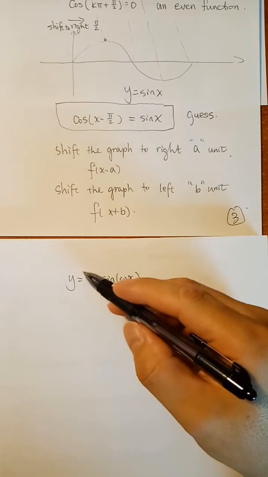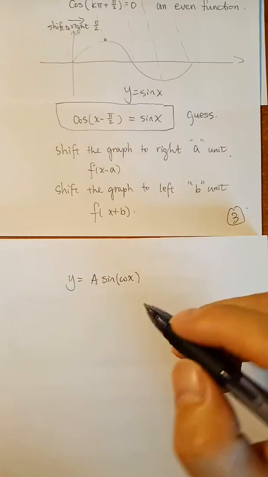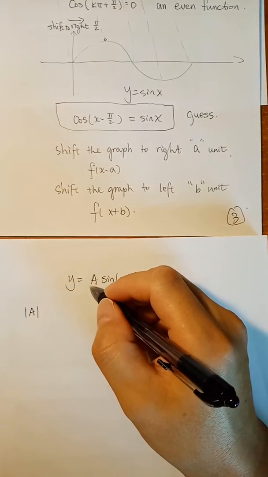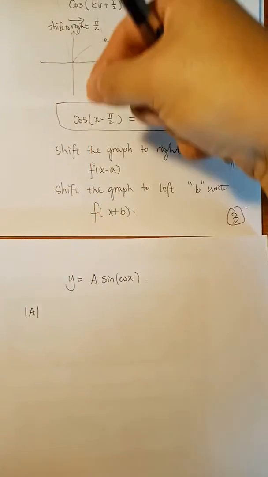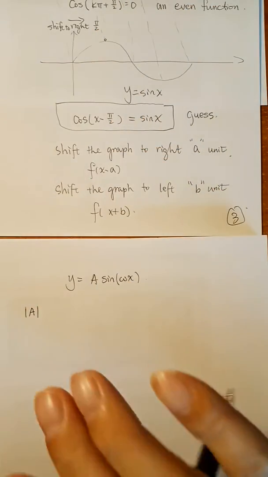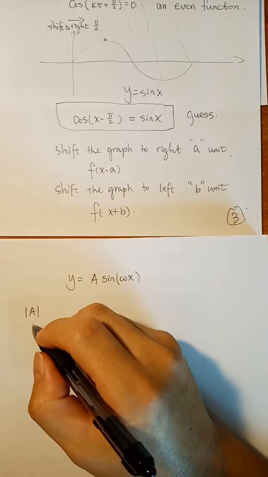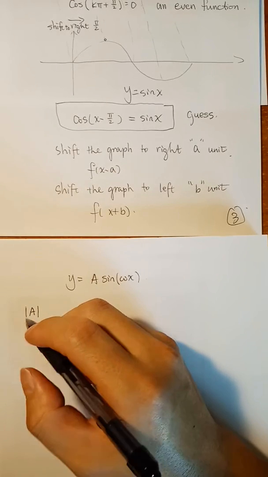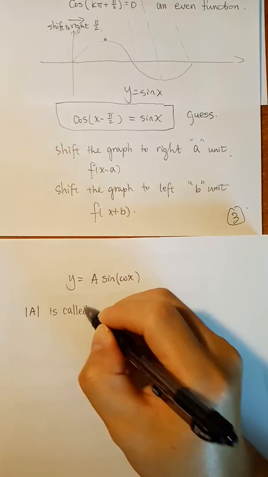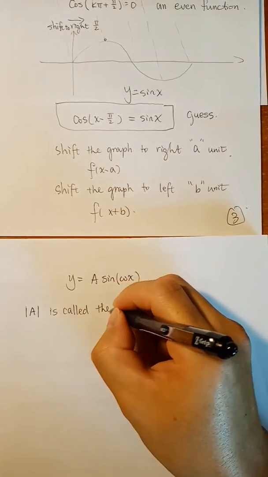In this function, we consider the absolute value of a. A can be positive or negative. When a is positive, you just stretch the graph along the y-coordinate. When a is negative, you have to flip the graph. The absolute value of a is called the amplitude.